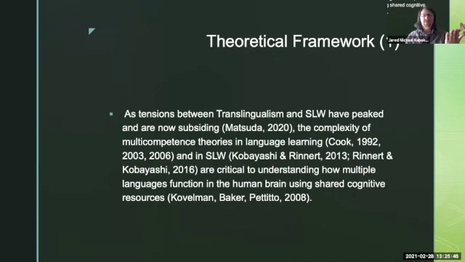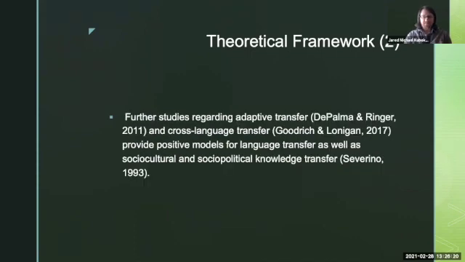So there's been a lot of tension between translingualism or translingual writing practices and second language writing, which of course Silva and Wang dealt with in their book, but I want to look specifically at the complexity of multi-competence theories in language learning and second language writing, and how they are critical to understanding multiple language functions in the human brain, just in use.